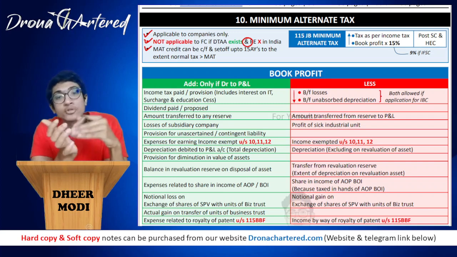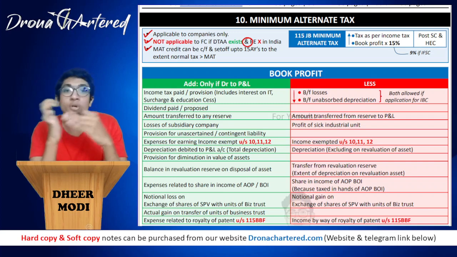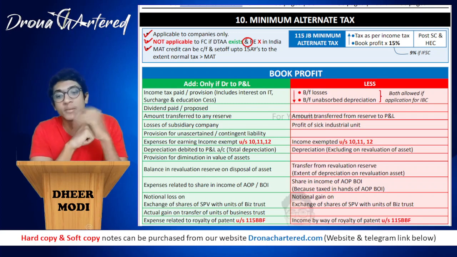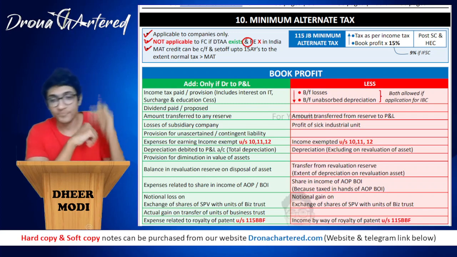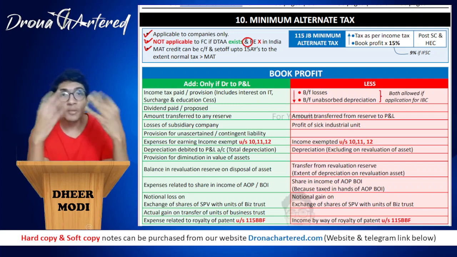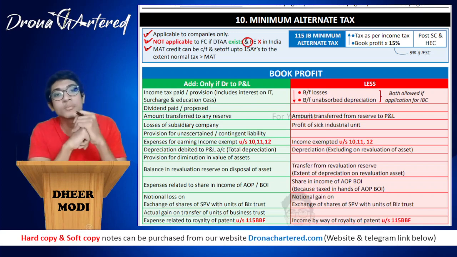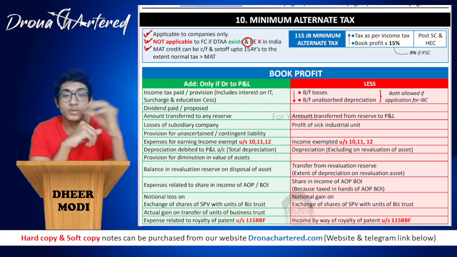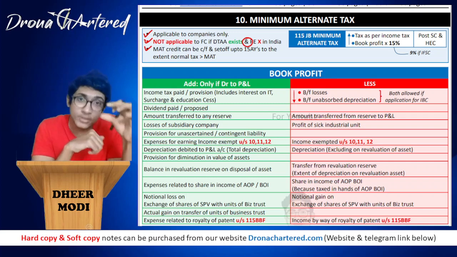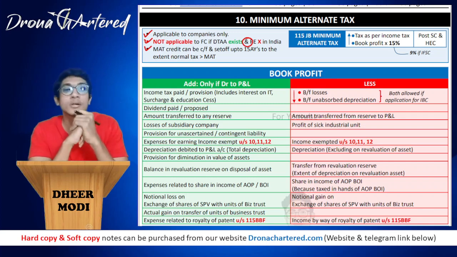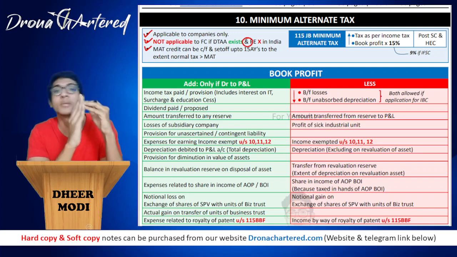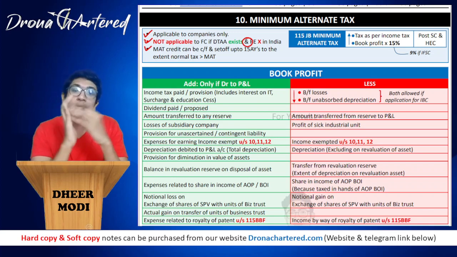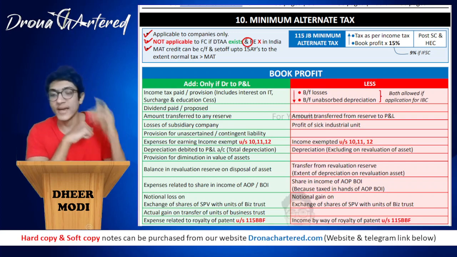So if your actual tax liability is less, but your MAT liability is greater, then in such a case you have to pay your minimum alternate tax. Got it? Since you are paying more tax than you are actually supposed to pay, you get some credit each year. You can use this credit in future years when your MAT calculation is lower while your actual tax liability is higher. You can use this credit to pay off that tax liability.